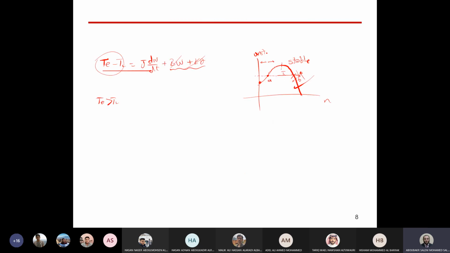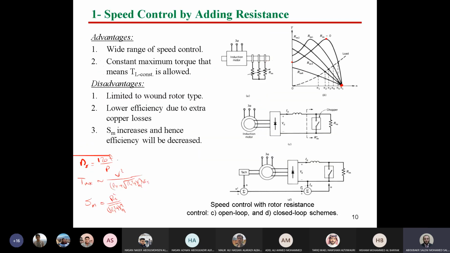So let me write the relation again here. T starting is proportional to V square R2 prime over X equivalent square omega S. Right, guys? Correct? This is now the relation of T starting, or the approximate relation of T starting.